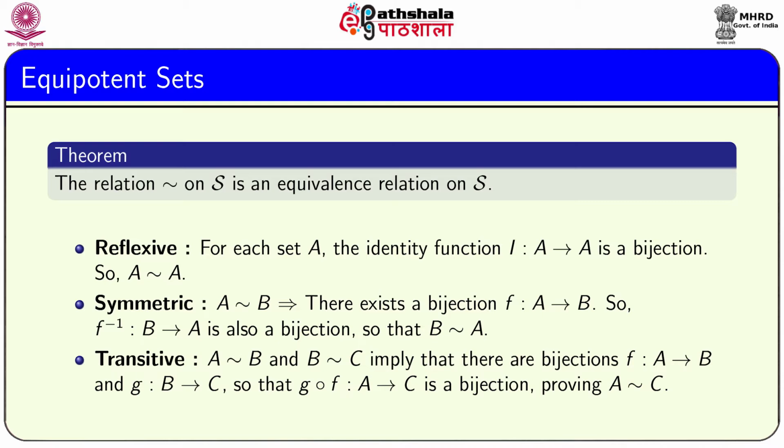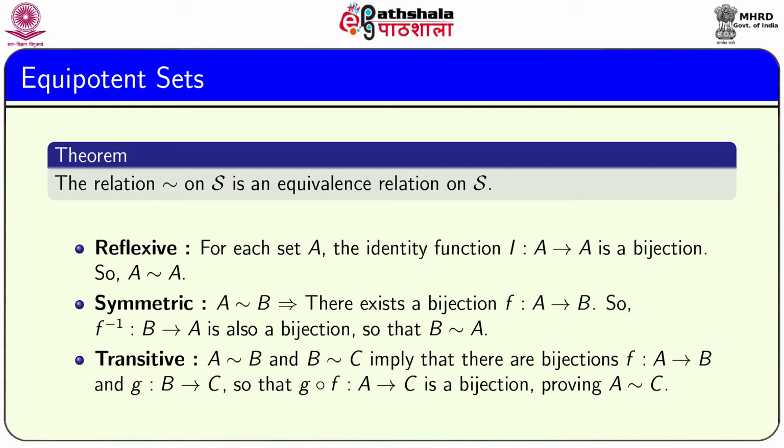It is reflexive because the identity function I from A to A is a bijection. It is symmetric because if F is a bijection from A to B, then F inverse from B to A is also a bijection. So, B is related to A.